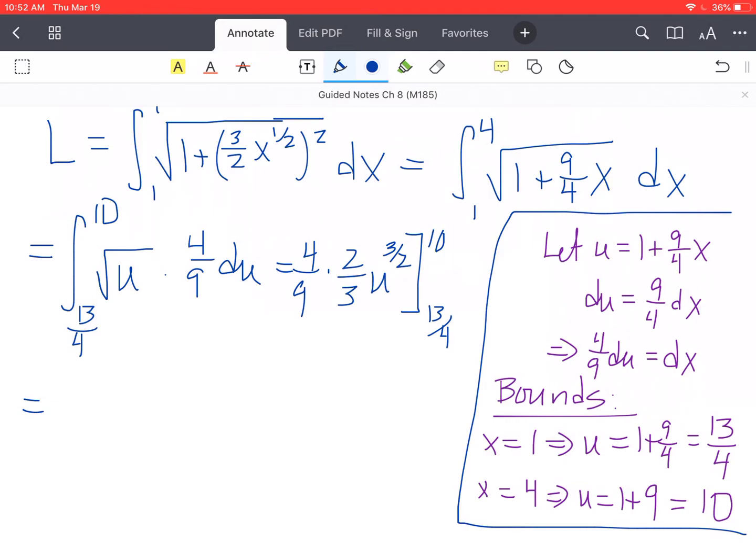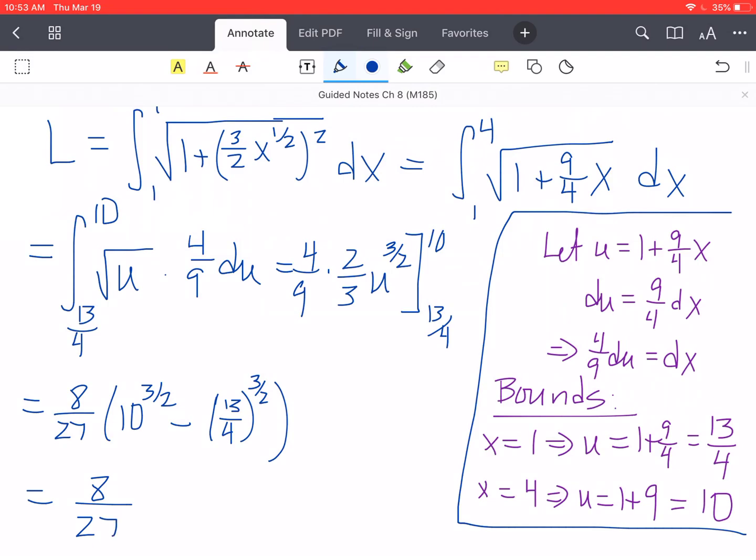So we have 4/9 times 2/3, that's 8/27 times 10 to the 3/2 minus 13/4 to the 3/2. And then we can simplify that a little bit, put it back in the root notation.